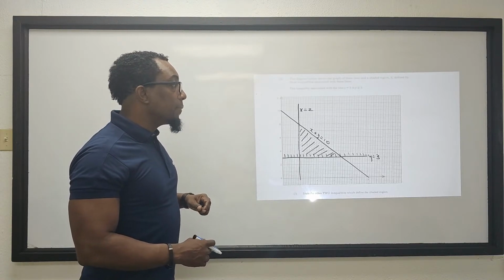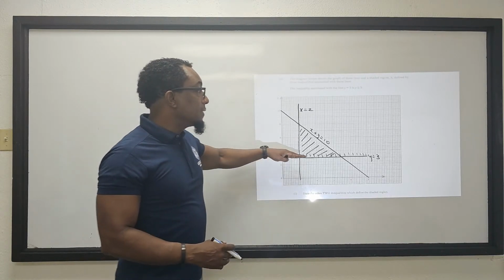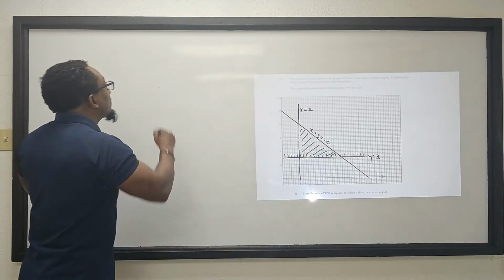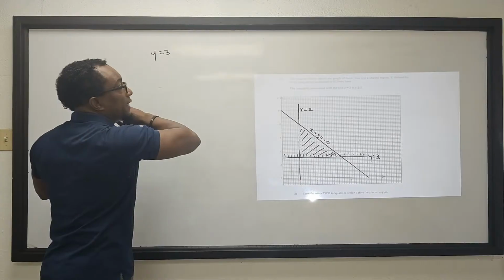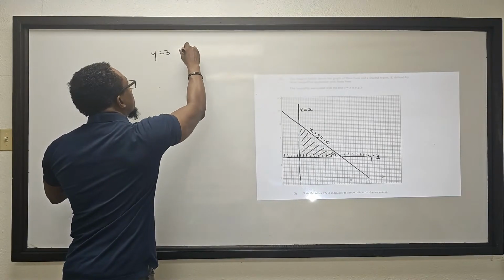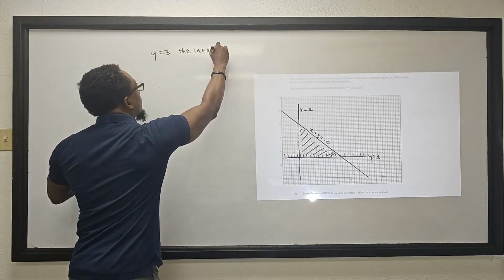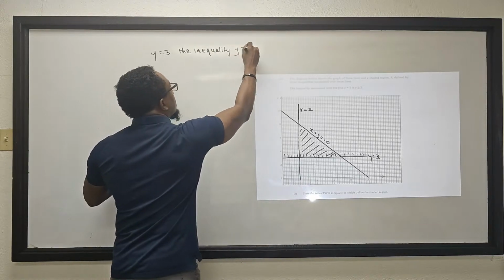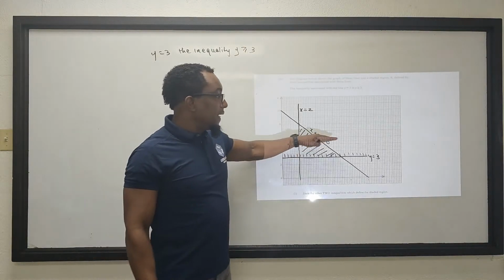So if we shade above the line, then clearly this means that for the line y equal to 3, the inequality is y is greater than or equal to 3, because we're shading above.